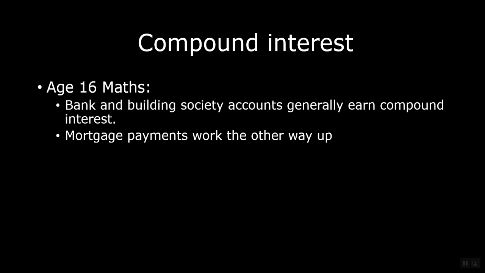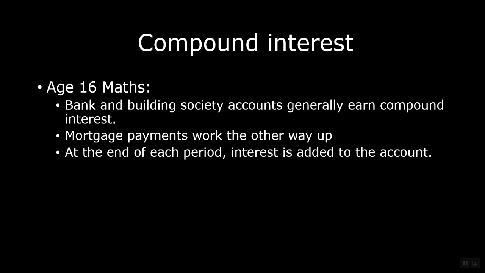I calculated the other day that in 10 years' time, I'd be giving them about 40 quid a month, and the rest of that 400 quid would go towards paying off the money that they loaned me in the first place. So it's compounding down, just as for an investment in a building society or a bank, it's compounding up.